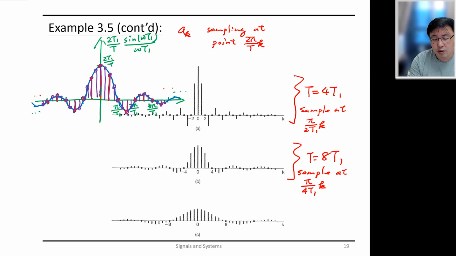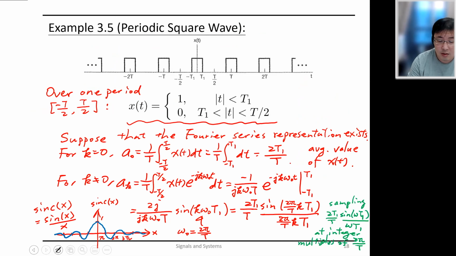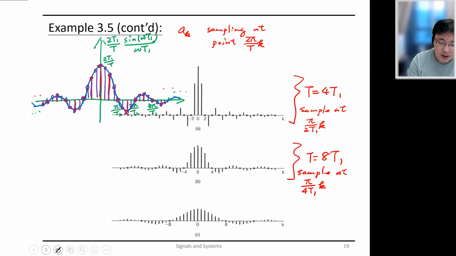So as you increase this capital T, you're increasing the separation of these square waves. So as you increase the separation of these square waves, you get denser and denser samples of this sinc function.